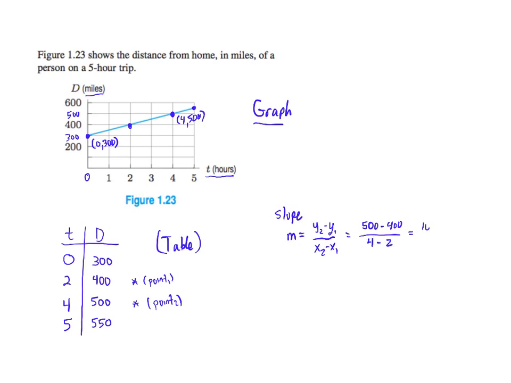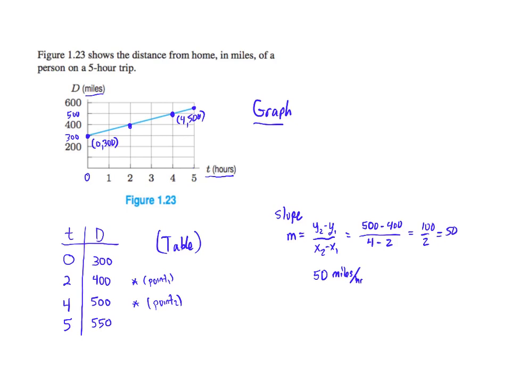This would give us 100 divided by 2, which is 50. So that's 50 miles per hour. For every 1 hour increase in the time, we have a 50-mile increase in the distance from home.